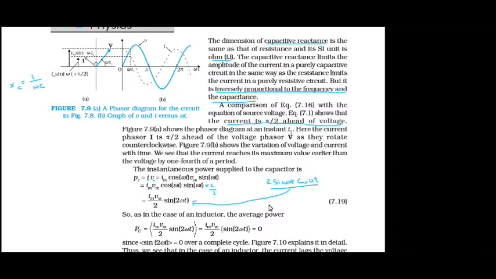According to trigonometry, 2 sin a cos a is equal to sin 2a, and this upon 2 comes here. So ultimately the equation converts to Im Vm sin 2 omega t upon 2. This is equation 7.19.